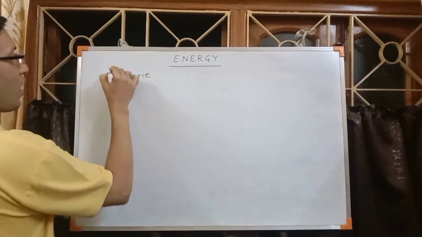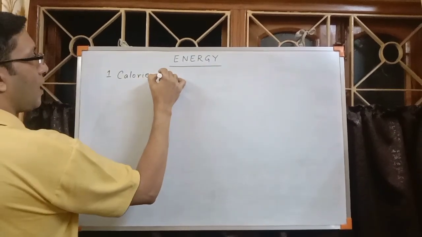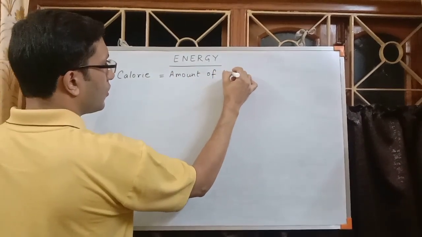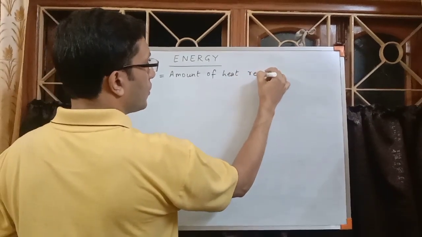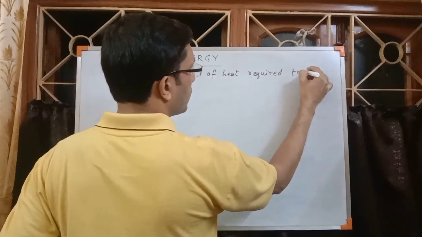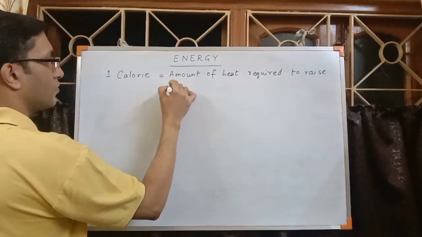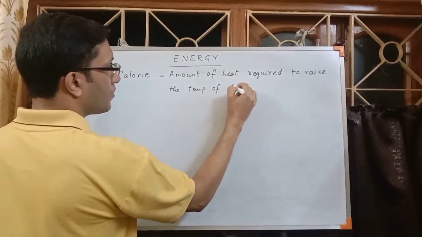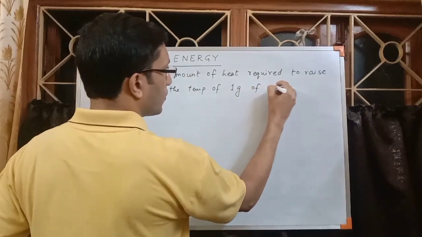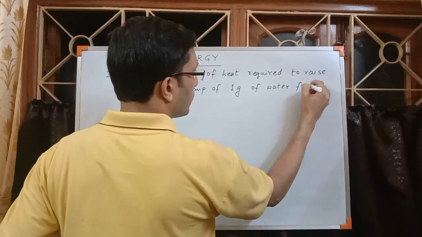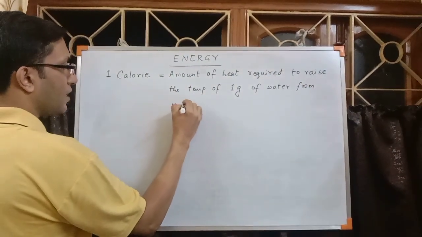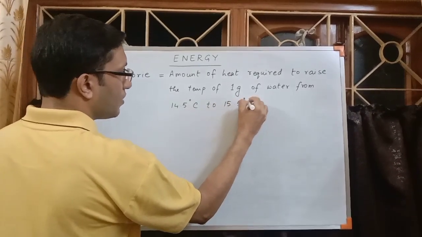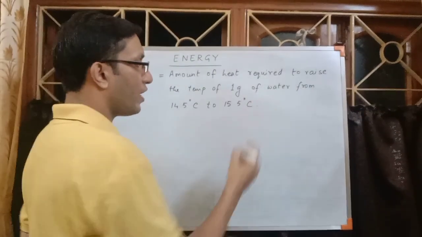So what do we mean by 1 calorie of heat? The amount of heat required to raise the temperature of 1 gram of water from 14.5 degrees Celsius to 15.5 degrees Celsius is known as 1 calorie of heat.